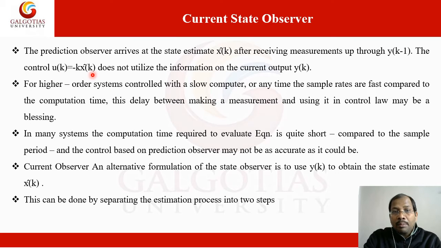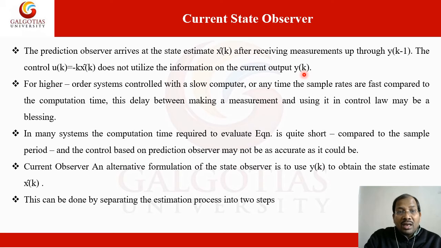So x cap does not utilize the information on the current output y k. In a prediction observer, if we want to estimate the current state, we have to apply y k minus one, the step before. Then we can get the current input of the system for the controller.